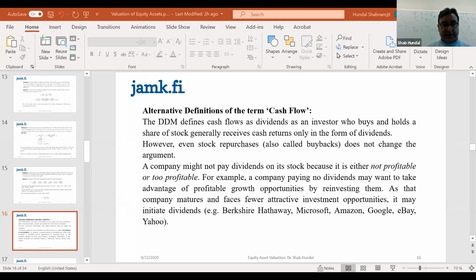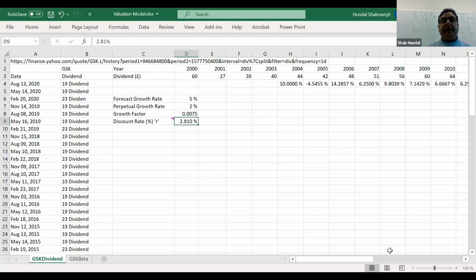I save it. I hope it shows up. Yeah, it shows up. And I share this screen with you so that you don't miss out. There we go. So now we are safe. I slightly zoom in.